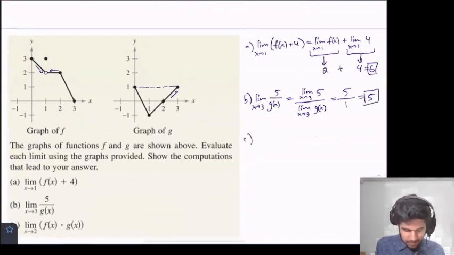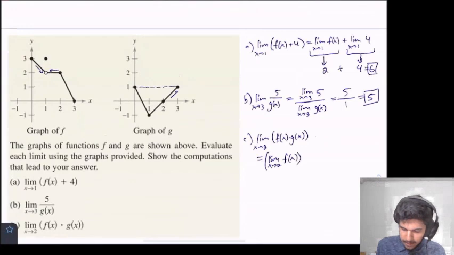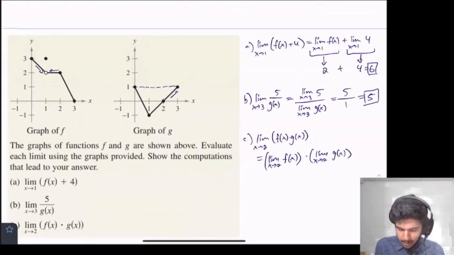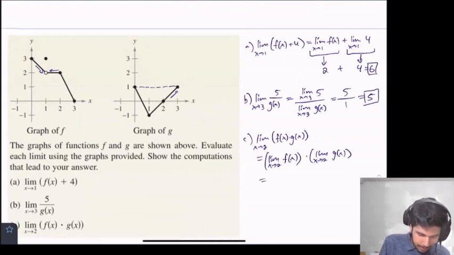And last question of the night, limit as x approaches 2 of f of x times g of x. That's equal to limit as x approaches 2 of f of x times limit as x approaches 2 of g of x. And this, well, we look at the graph, and as we approach 2, oops, that's on the eraser.